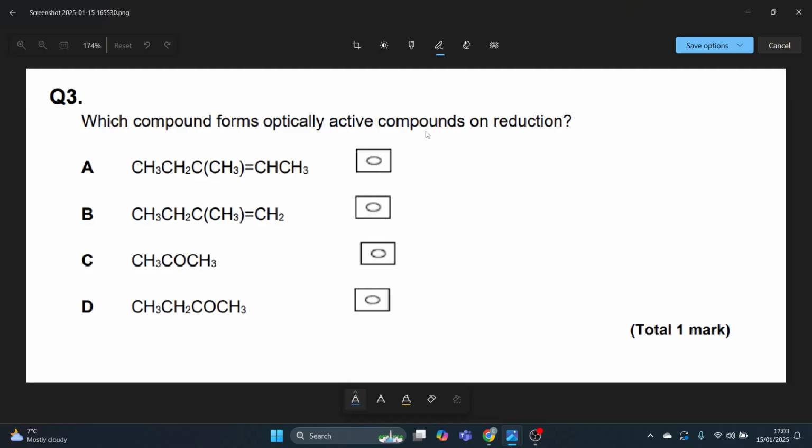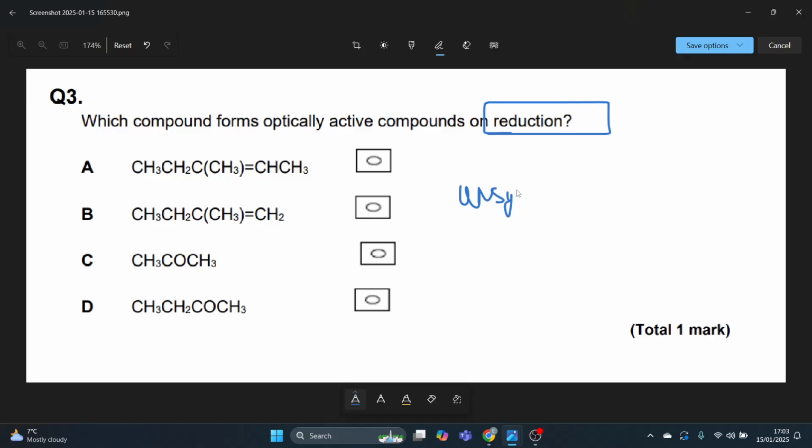So what I'm looking for is optically active compounds on reduction. So I'm looking for an unsymmetrical ketone.